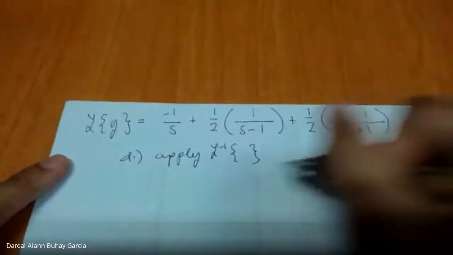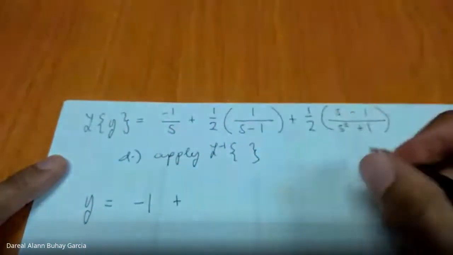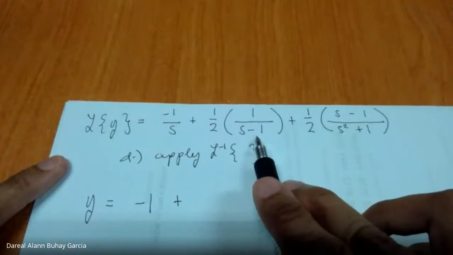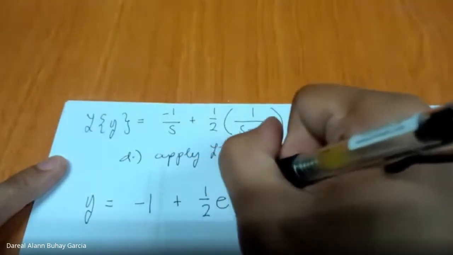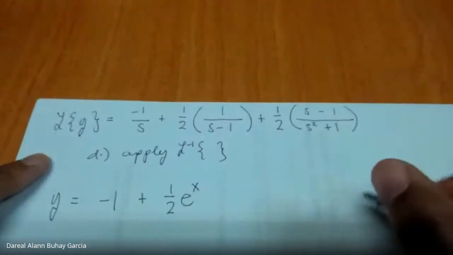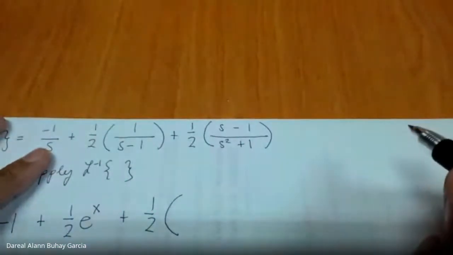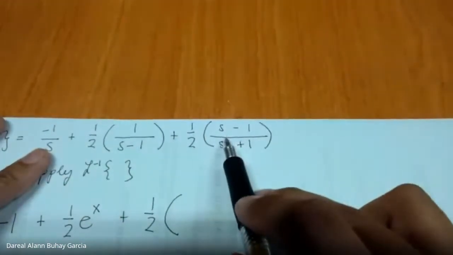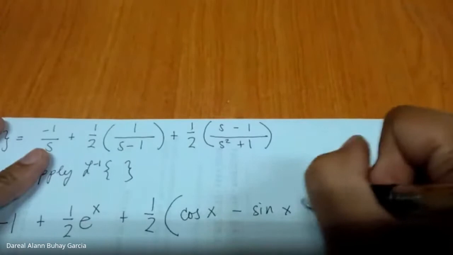Okay, so applying the inverse Laplace, y is equal to, this becomes negative 1, from the table, plus, e to the a x where a is positive 1, so 1/2 e to the x, plus 1/2 cosine x minus sine x.